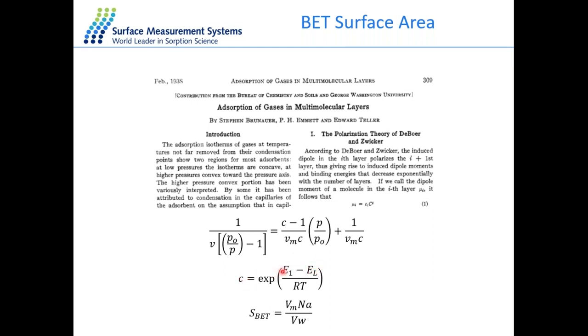So the C constant is related to the heat of adsorption. And then this monolayer, V sub m, which is the amount of vapor or gas to cover the monolayer of the surface, can then be directly related to the BET surface area, which is what we're ultimately trying to get and understand and learn about the materials.